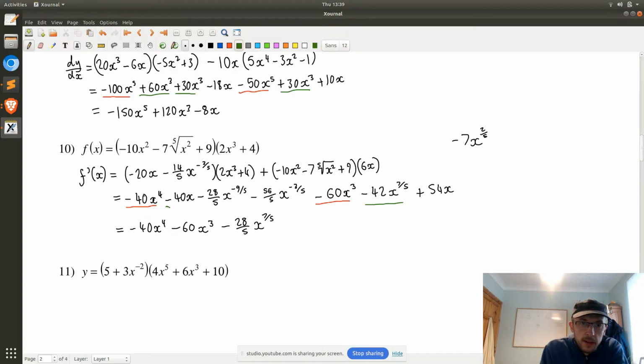Okay, so now we combine that linear, the one there, and the one there. So it's going to be 14x. And then comes this one, followed by this one.